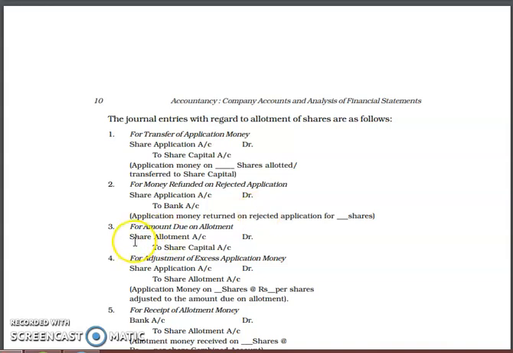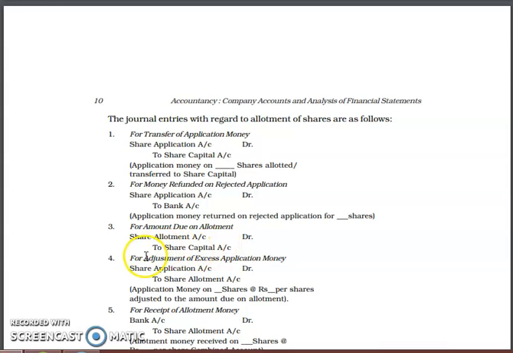The third entry is for amount due on allotment. For allotment, the money has to be paid. That is Share allotment account debit to Share capital account, being allotment money receivable.